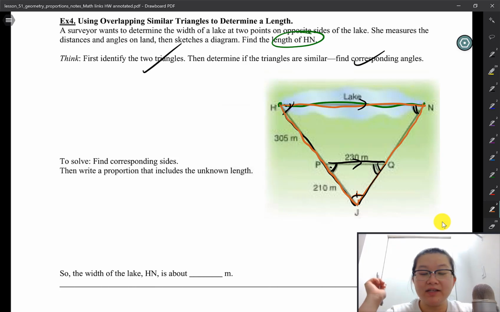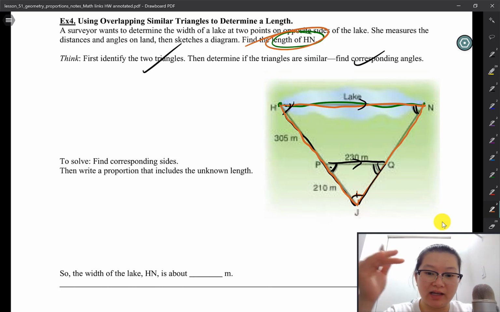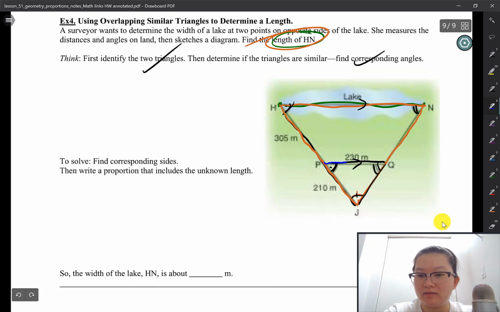So we want to find the unknown length. The unknown length that we're interested in here is the length of HN, which is the lake. Now, in order to find the length of that lake, we need to find the corresponding side of the smaller triangle, which is going to be this one.